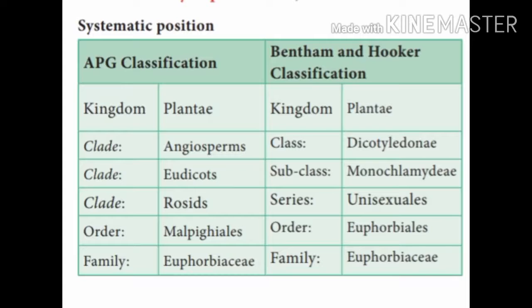In the word Monochlamydeae, they have only one chlamys, either calyx or corolla, or the calyx and corolla united to form an organ called the perianth. So you will have only perianth present, that is why it is called Monochlamydeae.